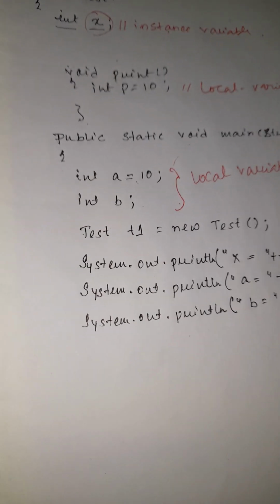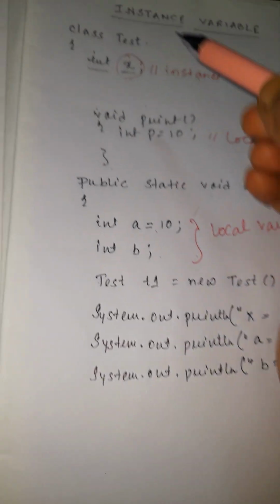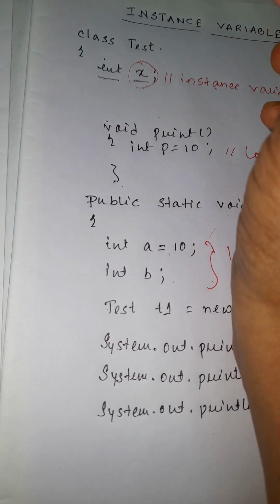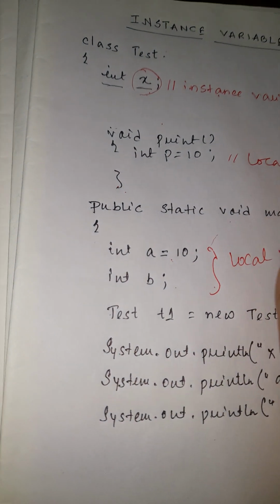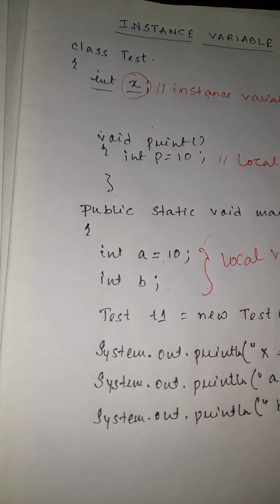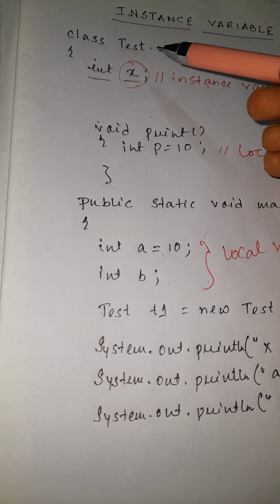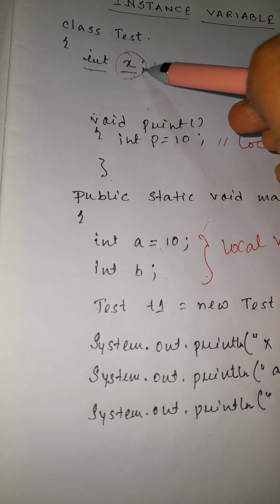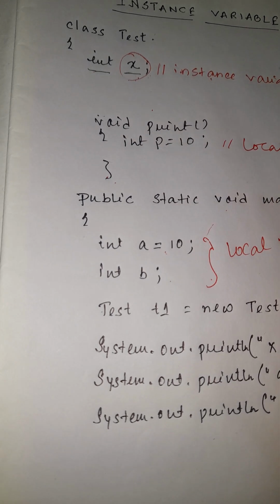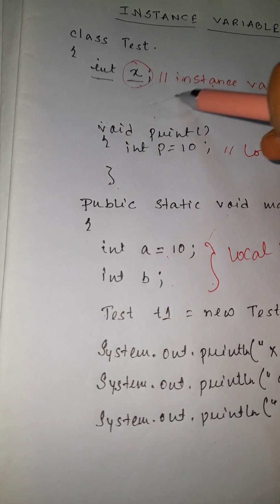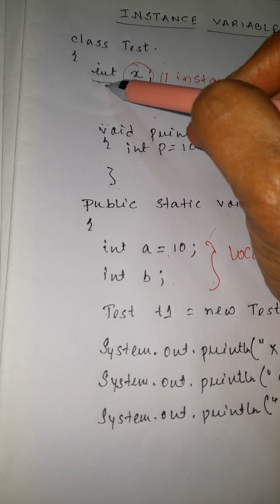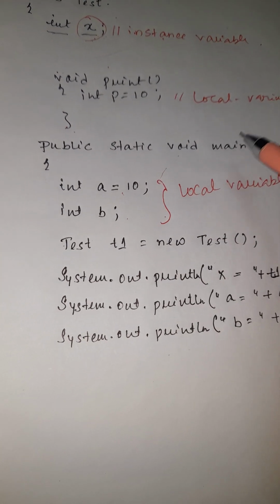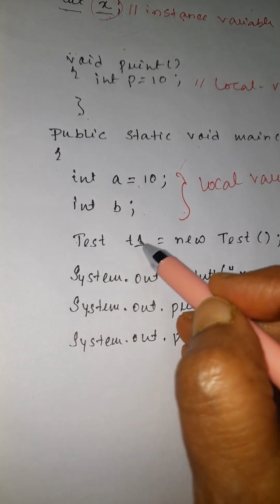Now one more difference you see here: when I call the instance variable, if it is a non-static variable, what is non-static and static variable, I will discuss in one more session. If this is a normal variable, integer x, maybe string, maybe character, any type of variable, that is a non-static variable. When you access these variables from the main function, then we need one object.